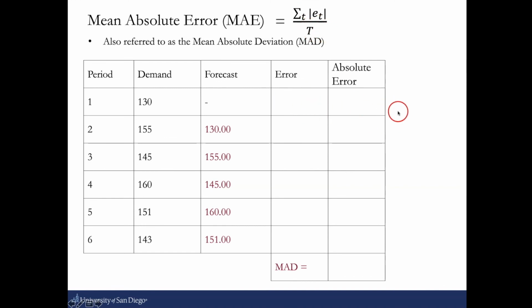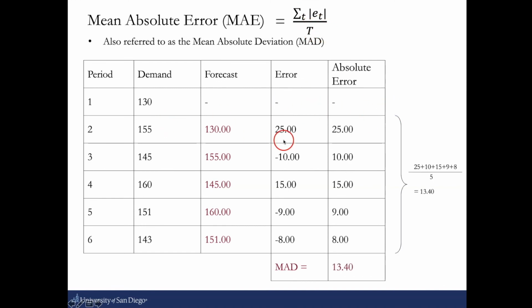Alright, so let's take a look at one example here. From period 2, you take 155 minus 130, you get 25. So the absolute error is 25. In period 3, I have 145 for demand and 155 for forecast. Subtract these 2 values, you get minus 10. Because I'm getting the absolute error, I will remove the minus sign and only take the positive 10.